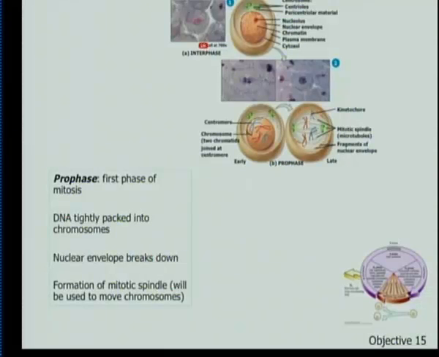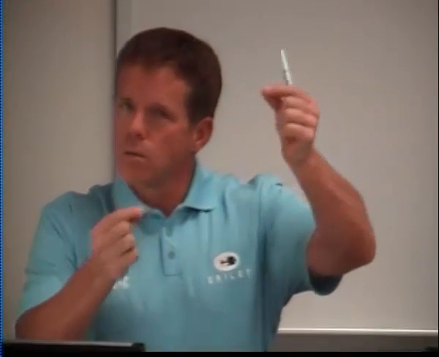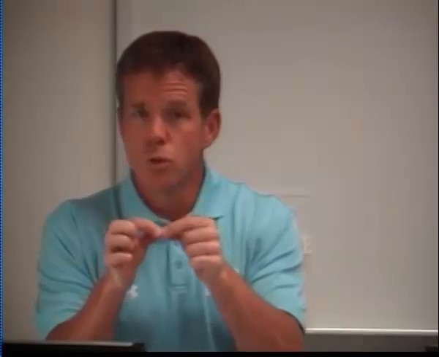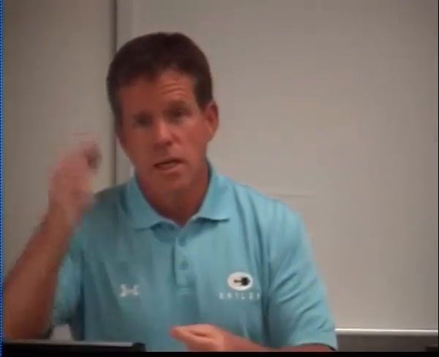Because in that S phase, in that process of replicating DNA, we took one big long molecule of DNA and we replicated it. And we held those two strands, the one that was the original and now the new one, we held them together at a centromere, the connection of the two strands.